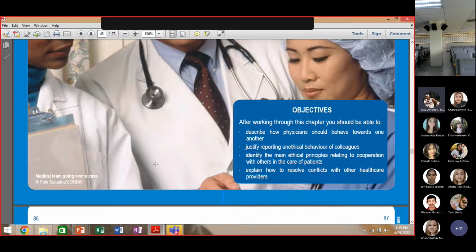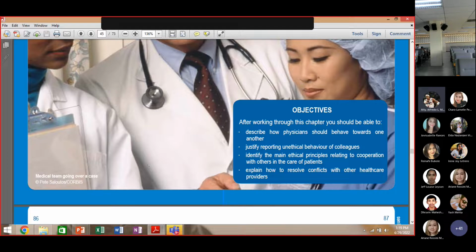Next, justify reporting unethical behavior of colleagues. Another, identify the main ethical principles relating to cooperation with others in the care of patients. Because the study of medicine is very broad.